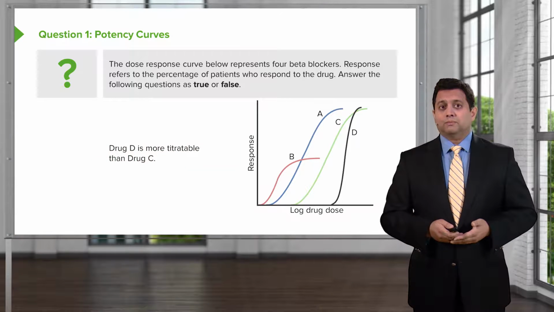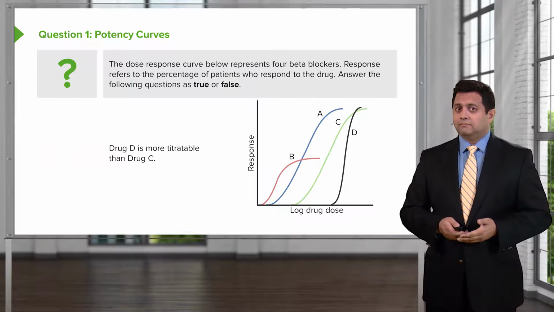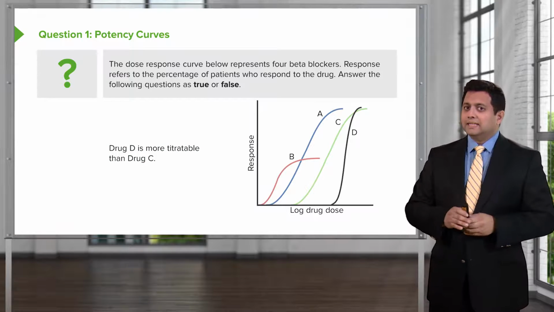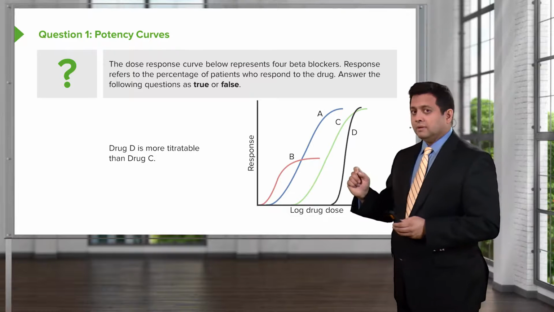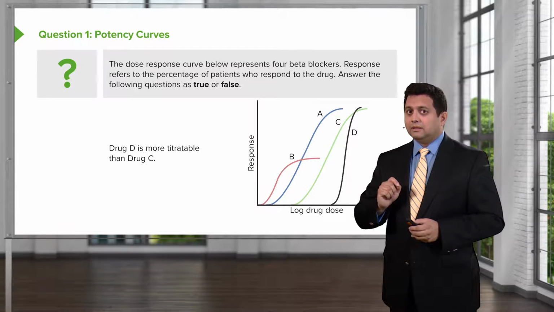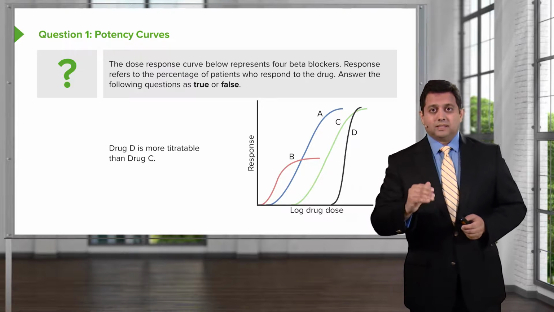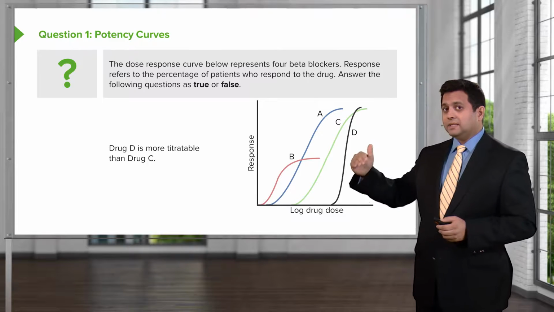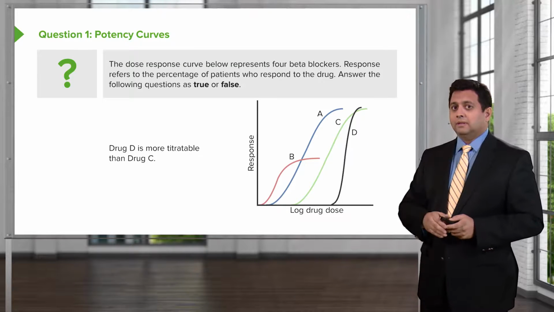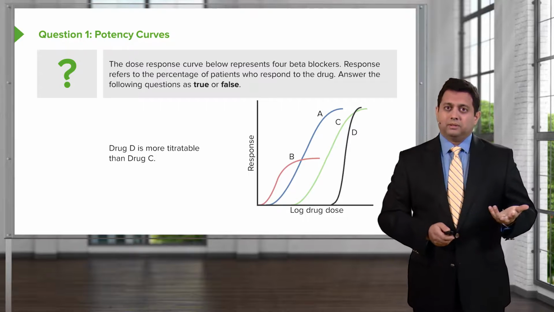Drug D is more titratable than drug C. Okay, this is a hard one. Take a look at the curve in drug D. We're not asking about potency. Clearly, drug C is more potent. We're not asking about efficacy, because clearly they have the same efficacy, since they top out at around the same level. We're talking about titratability.